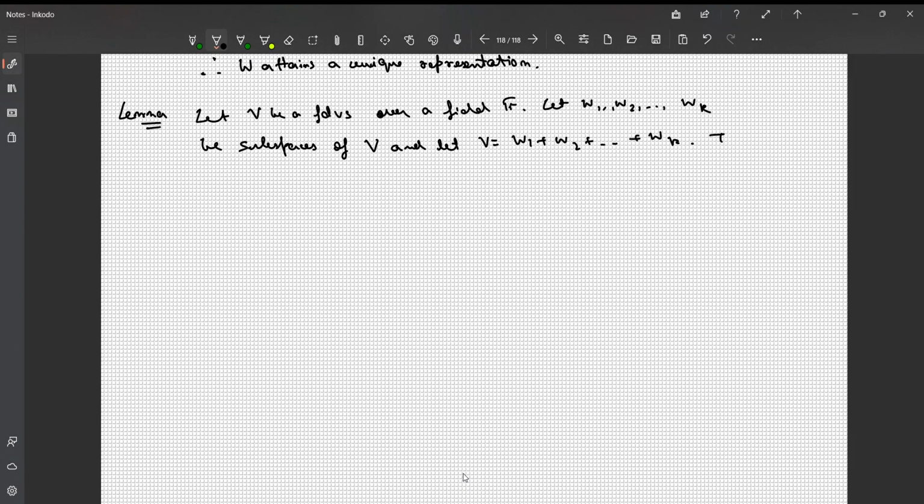Then the following are equivalent. Number one, the Wi's are independent, so W1, W2 till Wk are independent.